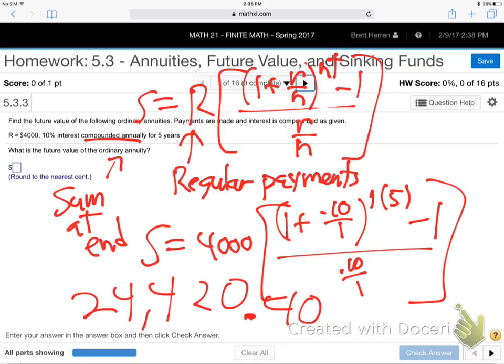Is that what you guys are getting? So what that means is if you make $4,000 payments into an account every year, once a year, for 5 years at 10% interest, you'll have at the end $24,420.